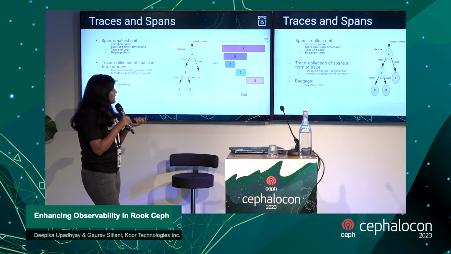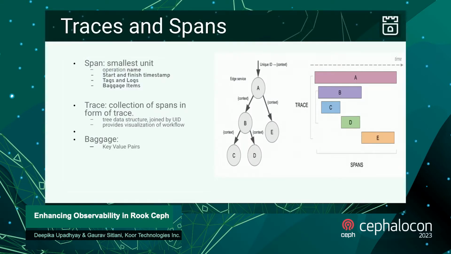So it generally contains the operation name, when the process started, when it finished, along with any artifact that you want to add to it in the form of tags and logs, and key value pairs that we add in as a baggage item. That can also be something that Jaeger instruments as well. So you can see multiple artifacts that the user adds, as well as what the service adds.